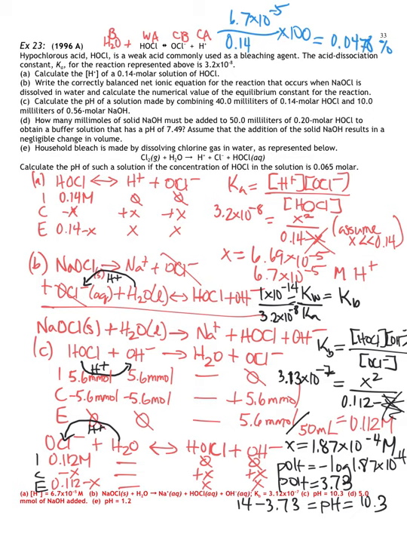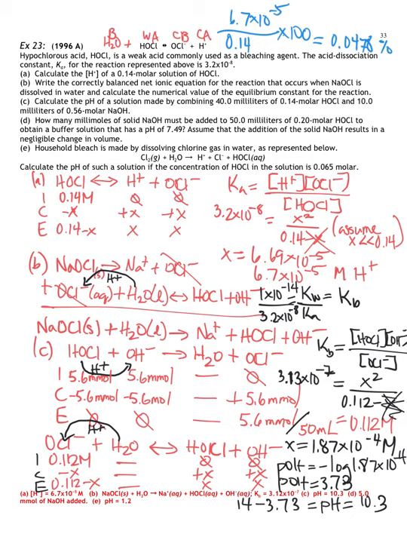For that first assumption. So let's now look at the second assumption. Here's my original concentration. Here's what I subtracted it from. This is my original concentration of my acid. Here's my final concentration that ionized. So I'm going to take this, divide it by this, and times it by 100.